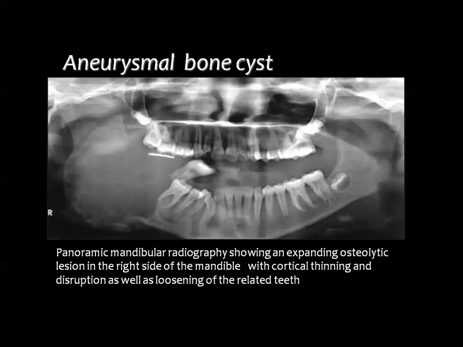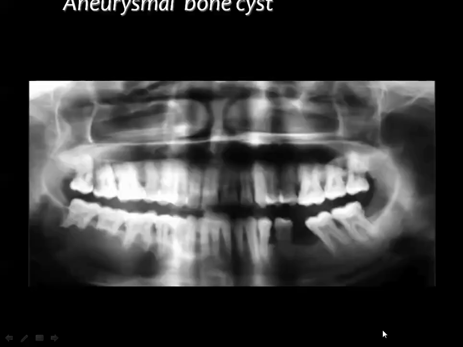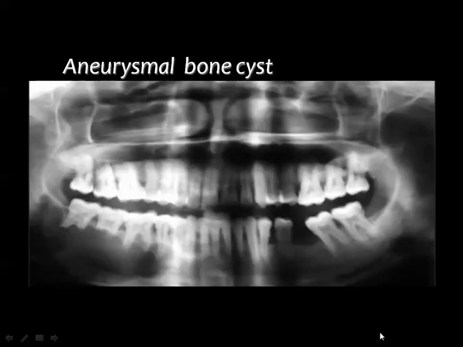But here you see a big lesion which has eroded the mandibular cortex, and there is loosening of the related teeth. You cannot predict the nature of the lesion from these plain X-rays.